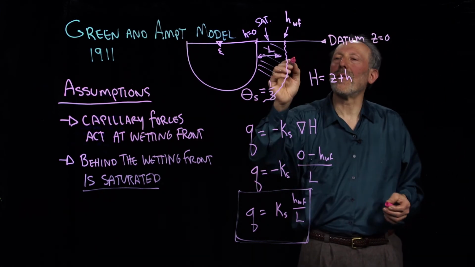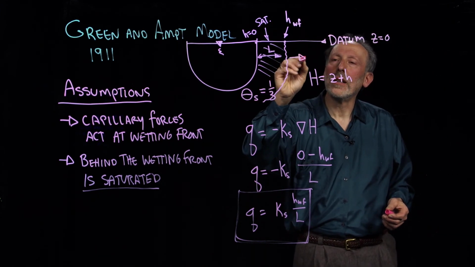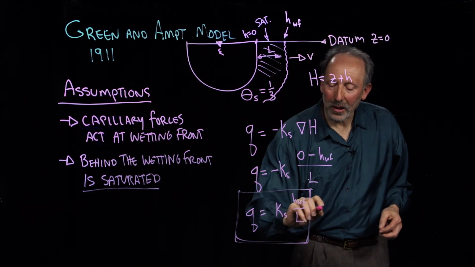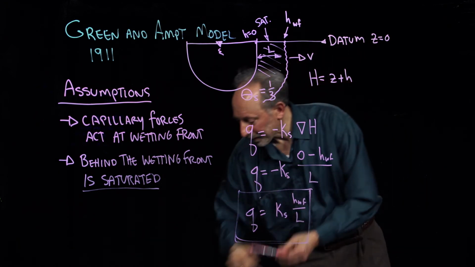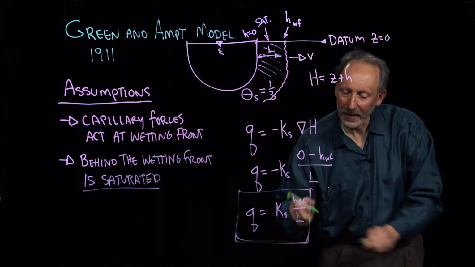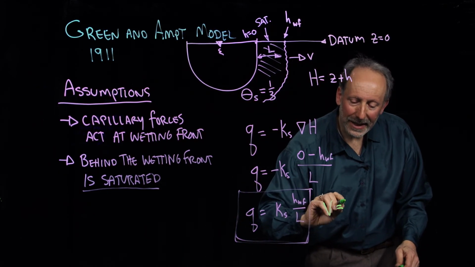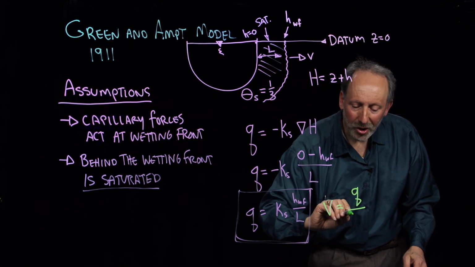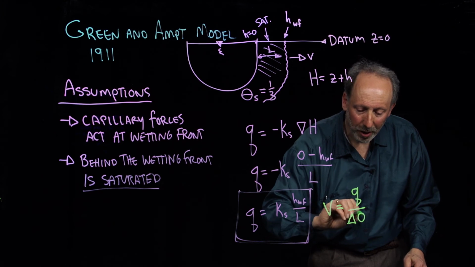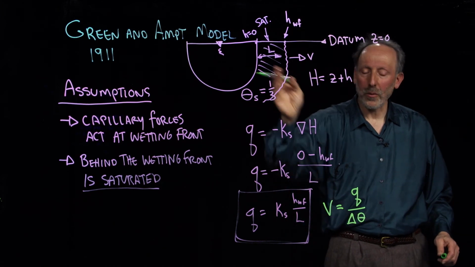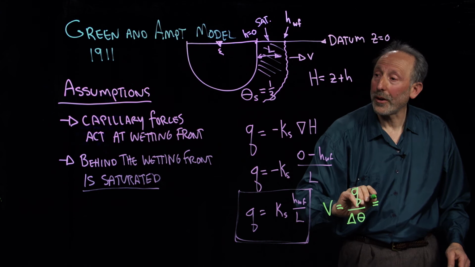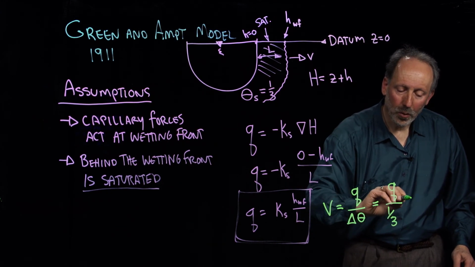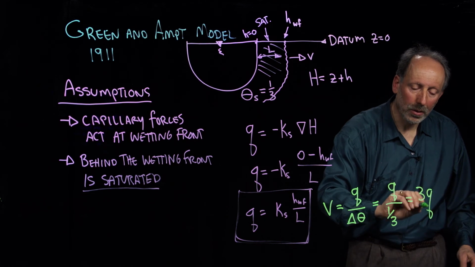Then what is the velocity of this wetting front? Remember that the velocity of the wetting front is equal to the flux divided by the change in moisture content. And if we're going from dry to wet, that's equal to 1/3. So it's going to be Q over 1/3, which is equal to 3 times Q.